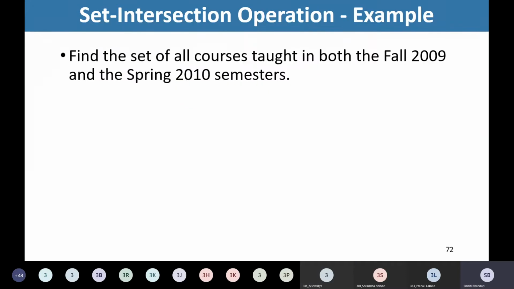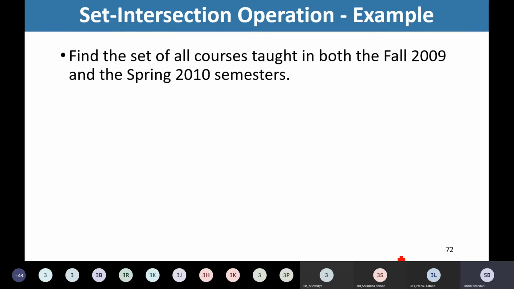So let us try to write now one query based upon our university schema. Find the set of all courses taught in both the fall 2009 and the spring 2010 semesters. Earlier we have written a similar kind of query using the union operation. Do you remember?